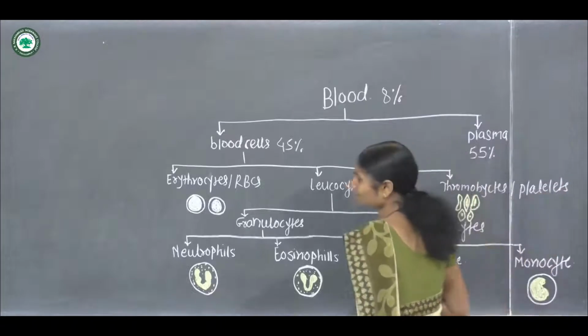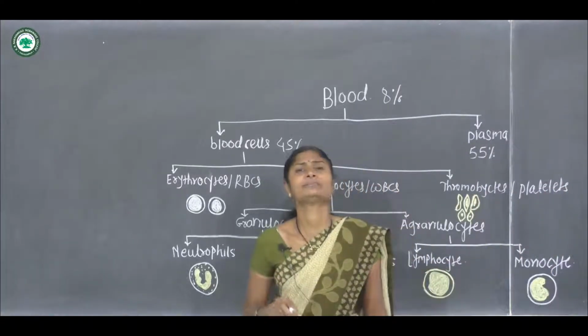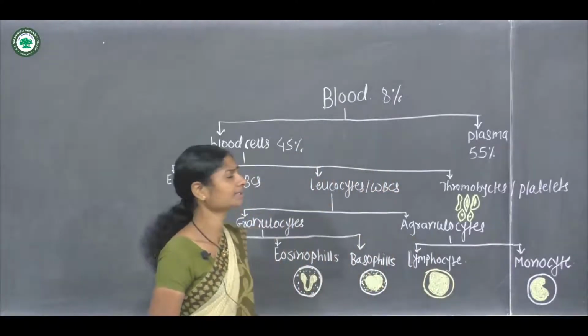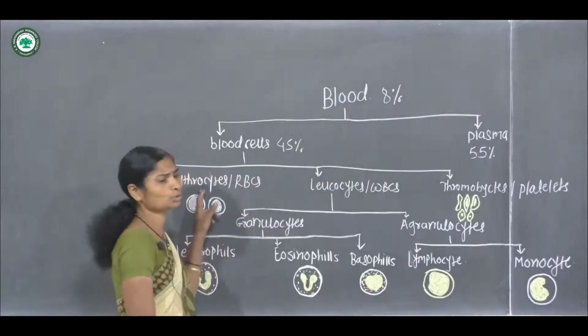These 3 types of different blood cells are present, and the first type in our list is erythrocytes.